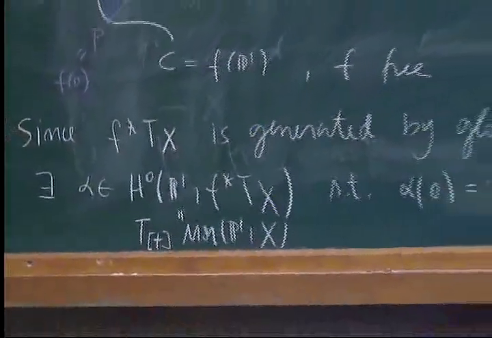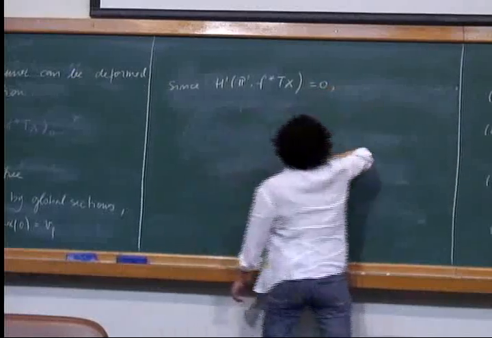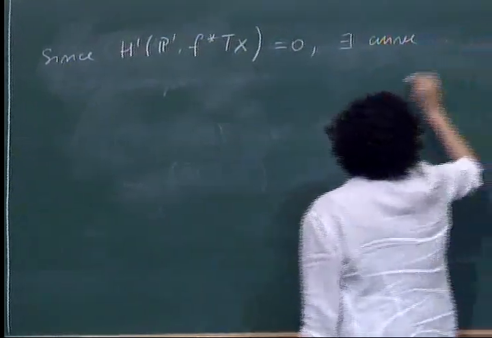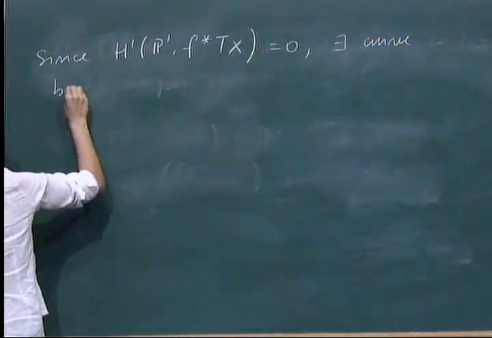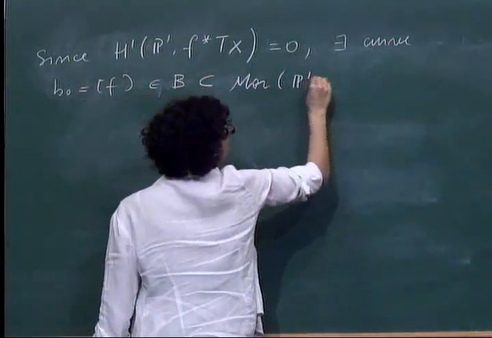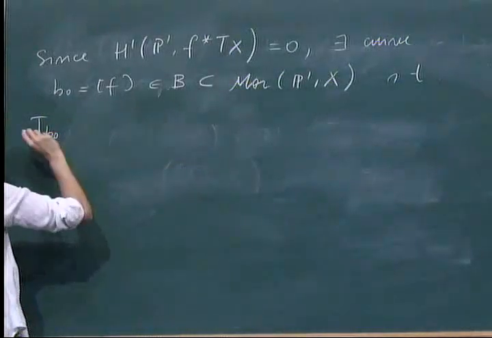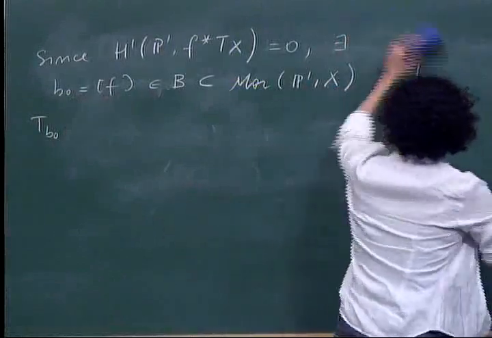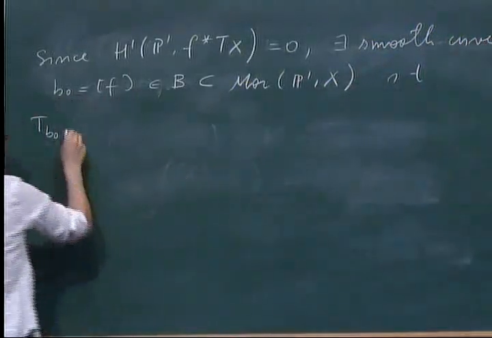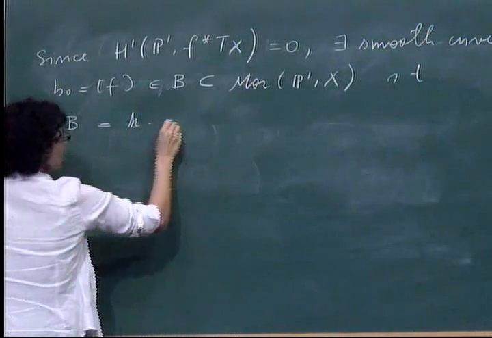So since the H^1 of the pullback of the tangent bundle is 0, we can find a curve B through, say, b_0, in the space of morphisms from P^1 to X, in fact a smooth curve, not necessarily proper, such that the tangent space at b_0 is precisely generated by this alpha.